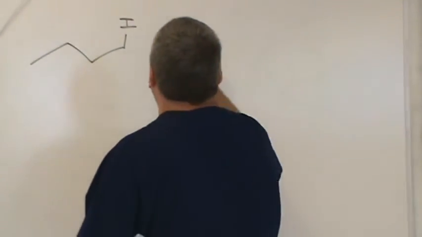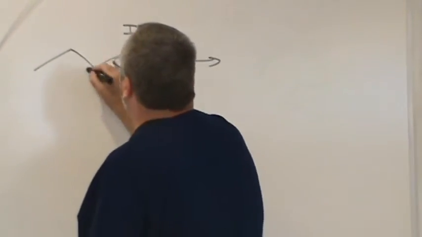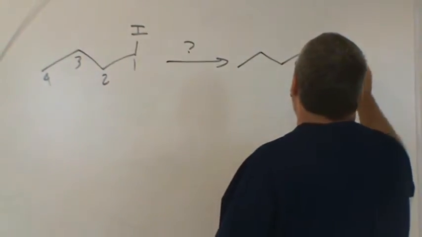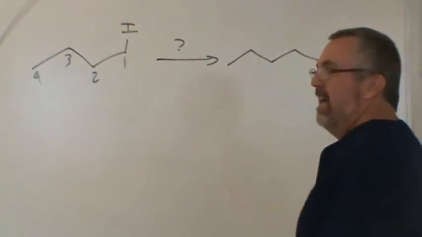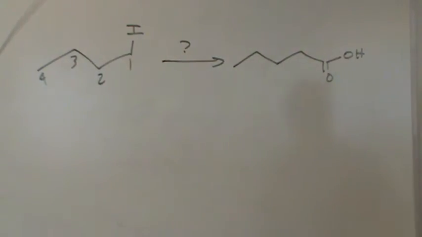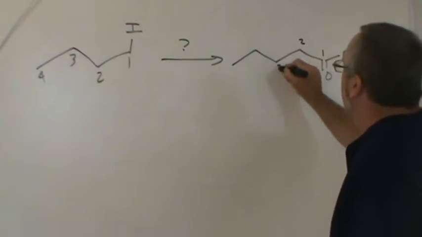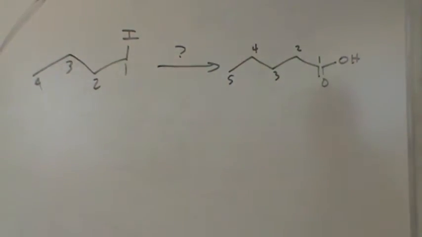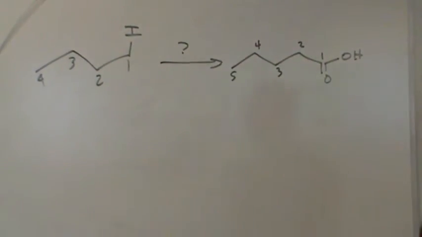And what if I want to convert that into a 5-carbon carboxylic acid? Well, this would have been a pretty challenging problem for us just a few minutes ago, but now we have a way to do it, and to do it quite efficiently.